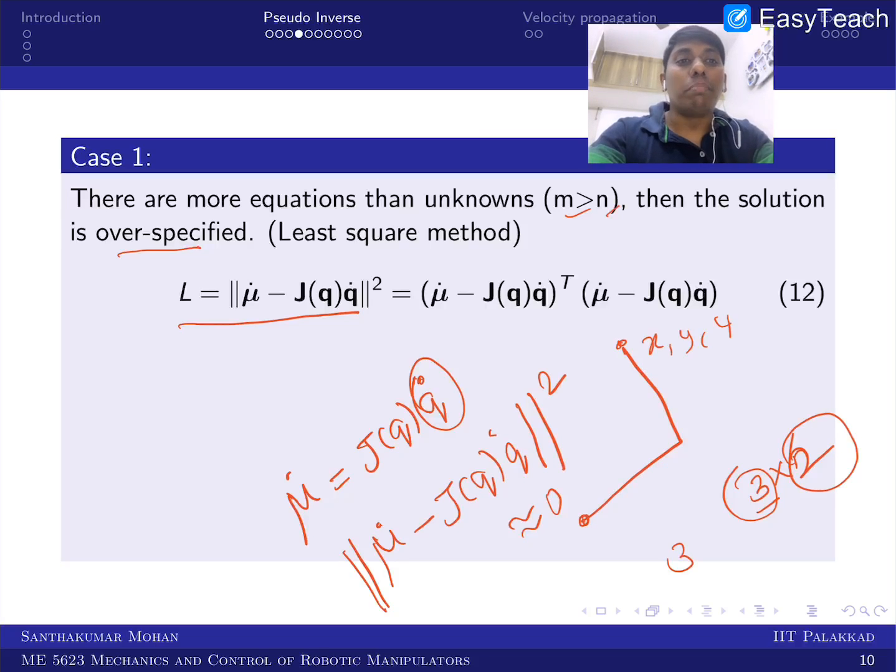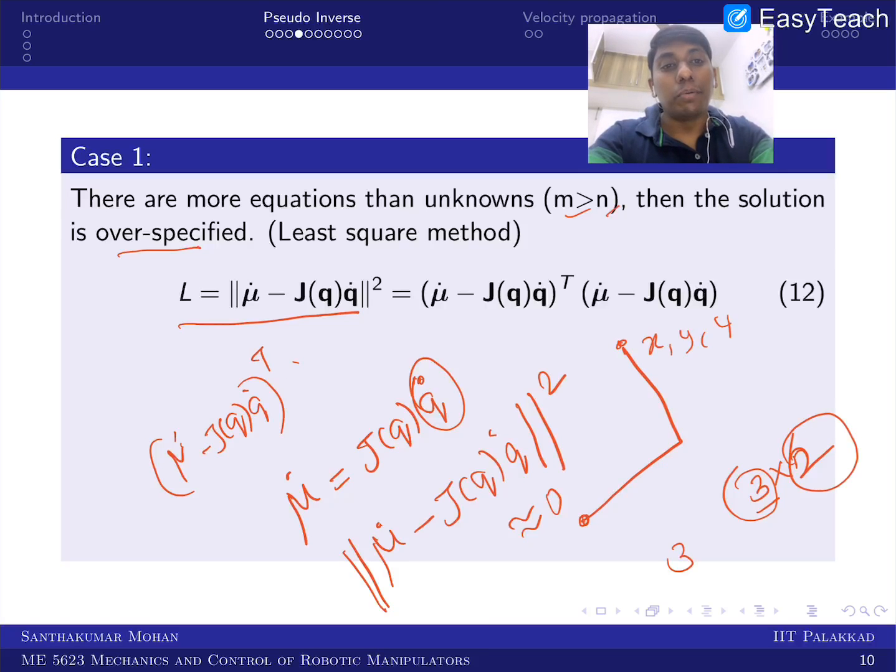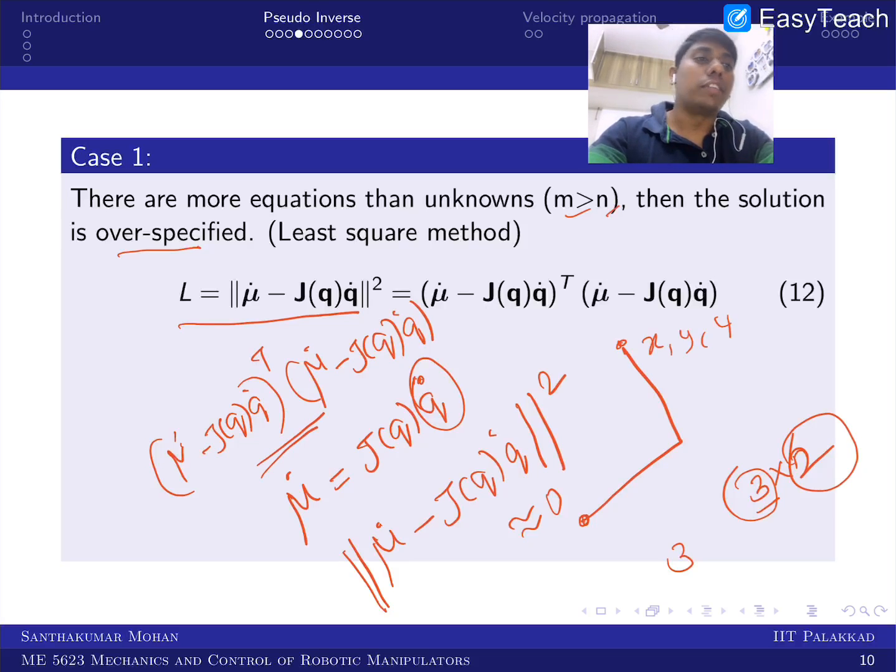So where mu dot minus J of Q into Q dot, I am trying to take the distance as small. This 2 norm I can write as a transpose, an inner product: mu dot minus J of Q into Q dot, transpose, times mu dot minus J of Q into Q dot. Now what we are interested in is dou L by dou Q dot equal to 0.